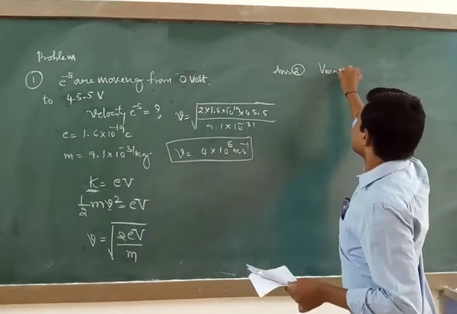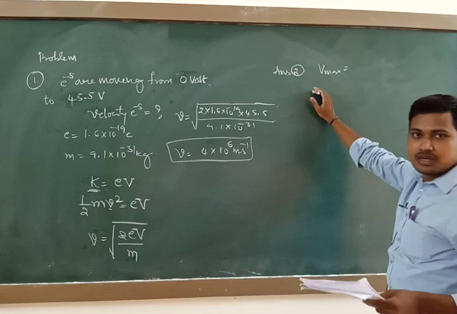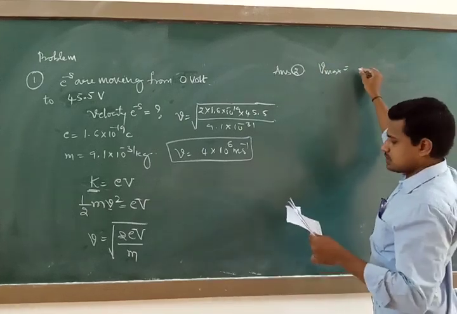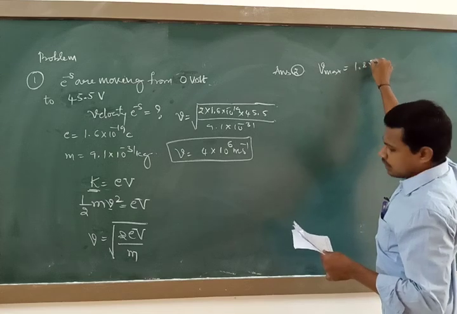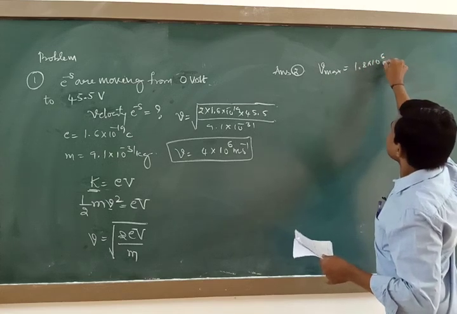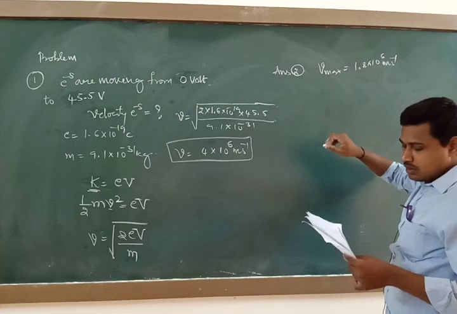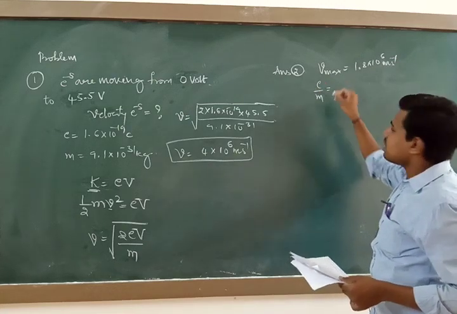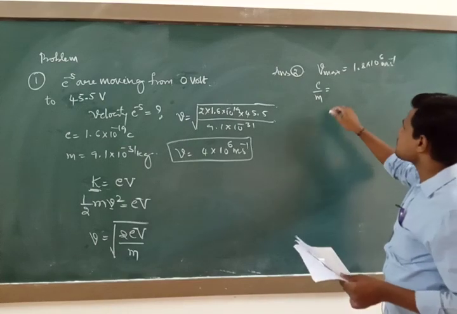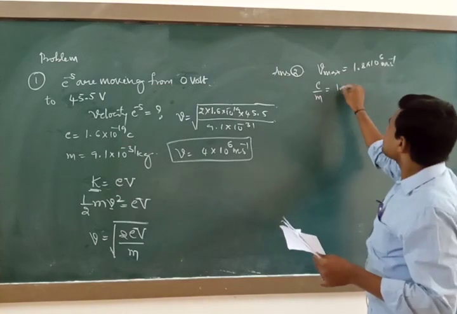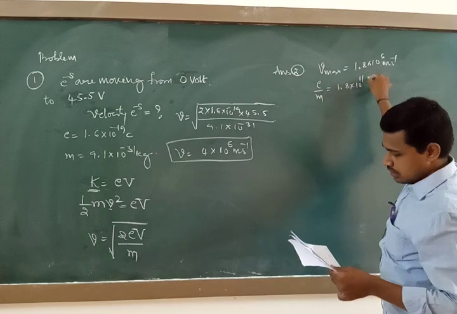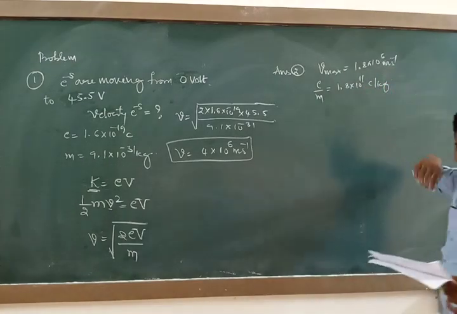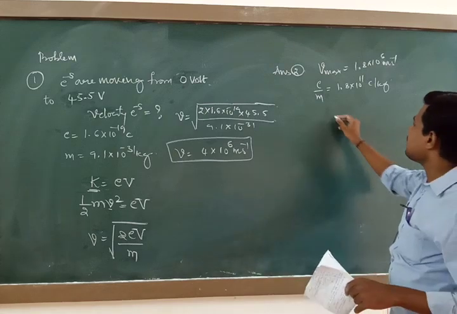They gave that the electrons are ejected with a maximum velocity of 1.8 into 10 raised to 6 meter per second, and they have given the E by m ratio, that is the charge to mass ratio of the electron, as 1.8 into 10 power 11 coulomb per kg, and they are asking you to find V naught.